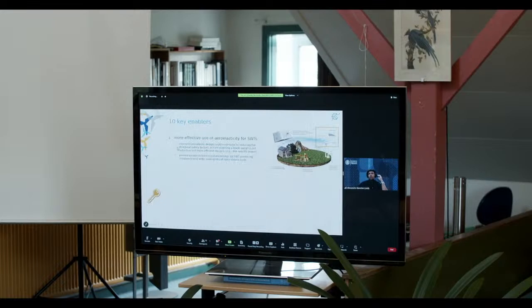So the 10 key enablers: the first one is the more effective use of aeroelasticity in small wind turbines. Aeroelasticity is the base for the design of larger scale turbines.